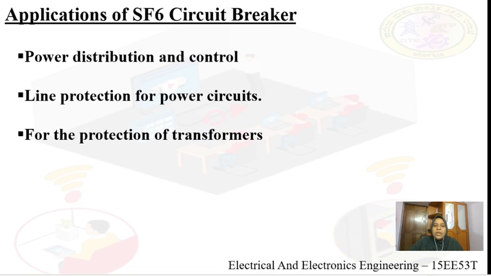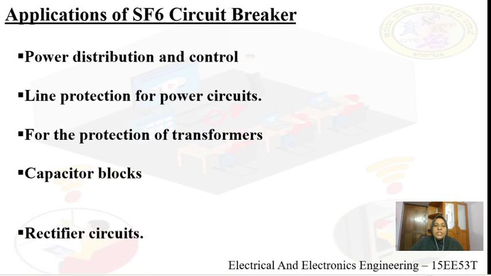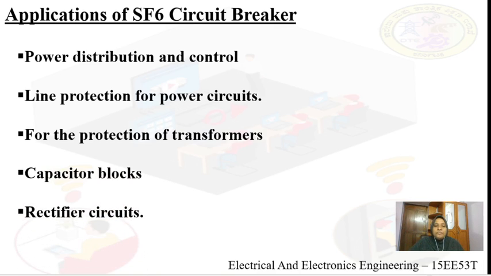They are also used as a protective device along with the transformers. So third application is for the protection of transformers. Fourth application is along with the capacitor banks. And fifth one is along with your rectifier circuits. So in all these areas, we use SF6 circuit breakers.